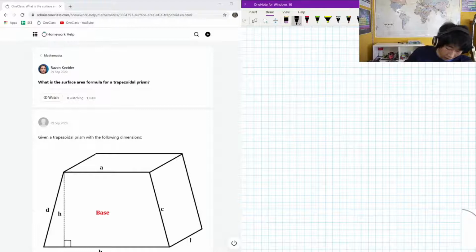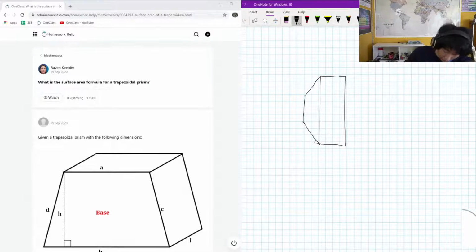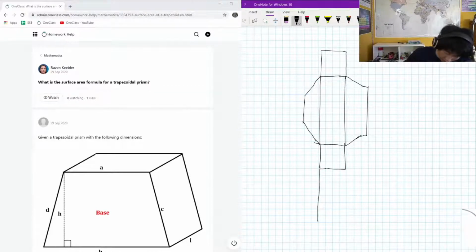So we've got trapezoids like this, and between those trapezoids we have a rectangle between them. Then we've got rectangles like this, and maybe another rectangle like this.